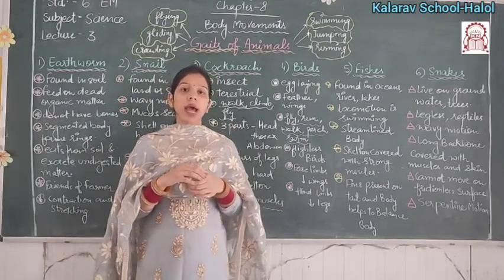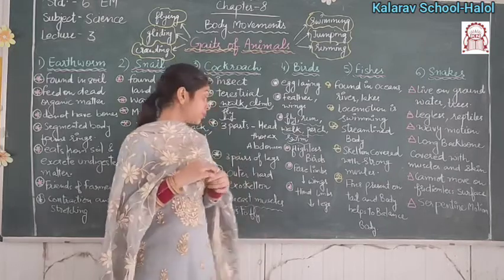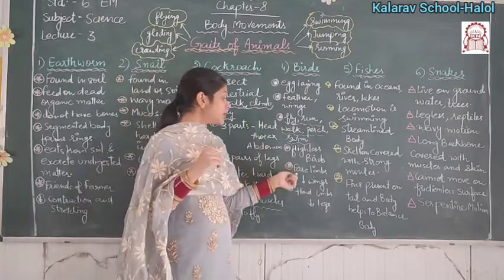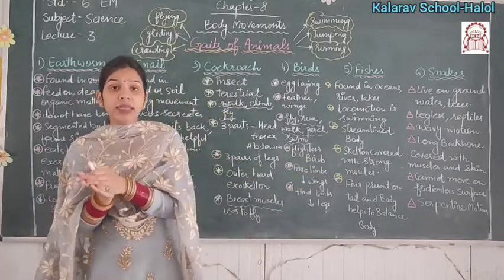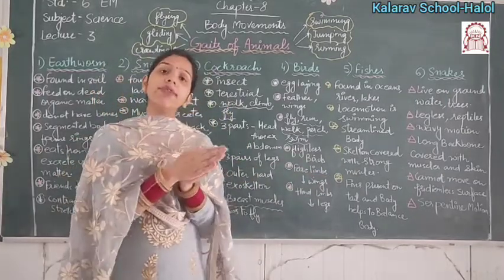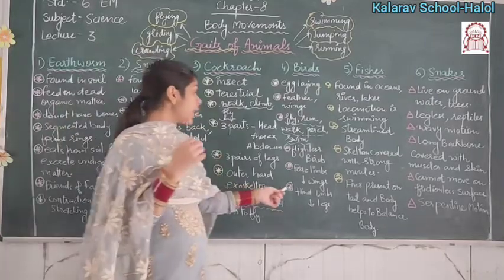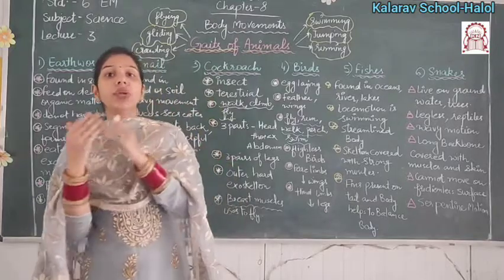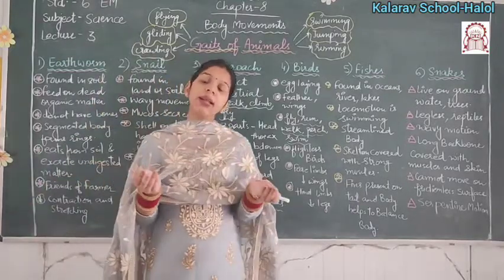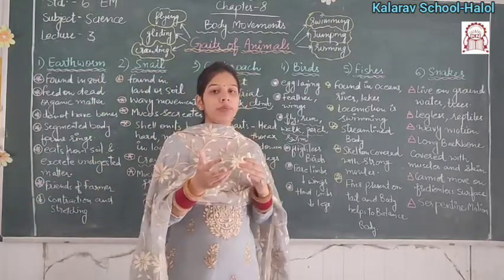That's why it is called a flightless bird. These birds have forelimbs which are modified to wings so that they can fly easily. On the other side they have hind limbs which are modified to legs so that they can walk easily.